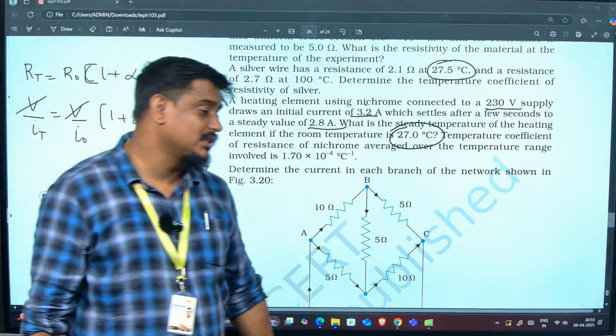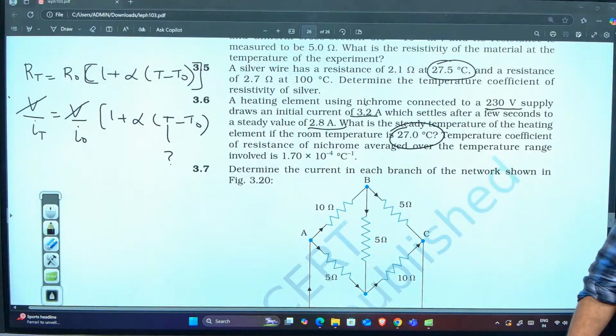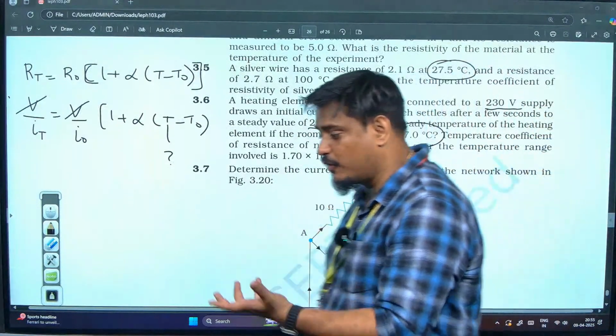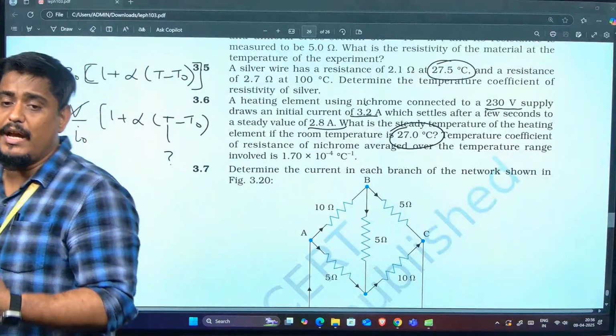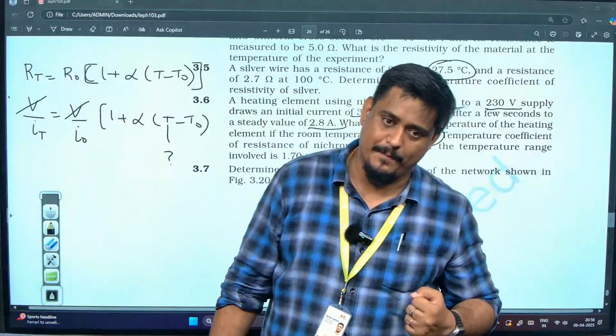Today in the class we learned about drift velocity, average relaxation time and the derivation of it, how it came. We came to know that drift velocity is equal to minus E tau by m.